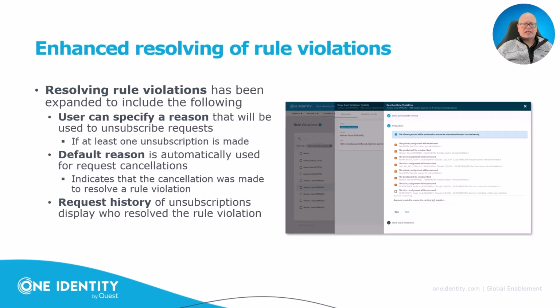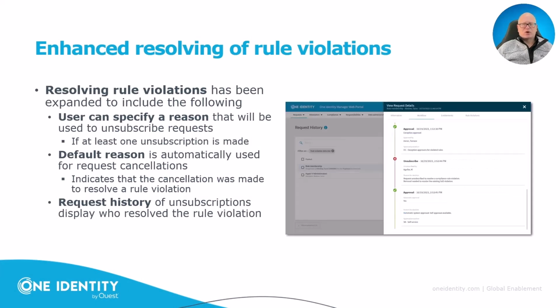And another very nice feature is the enhancement of resolving rule violations. What is meant there? In the past, if rule violations happened, it was possible to solve them. CISOs signed in and decided to grant an exception or to remove specific permissions or something else. This action of the CISOs was then documented in the Identity Manager, but it was not really clear what happened there or for which reason.